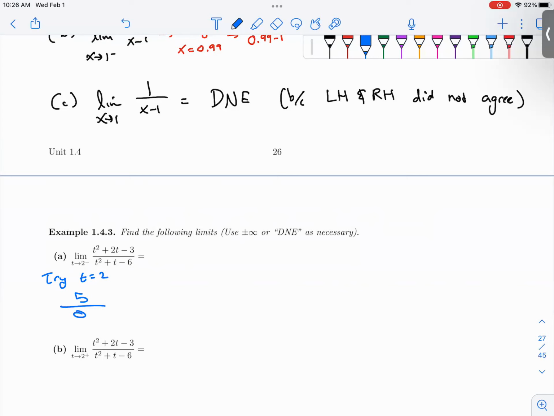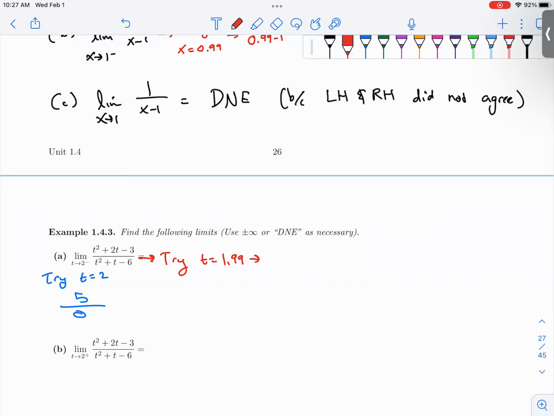I mean, if you factor it, it might be nicer to plug in the numbers, right? Just because you don't have to do any squaring or anything like that, but it shouldn't be too bad, especially with these calculators. So what number should I try? 1.99 would be good. Try t equals 1.99.